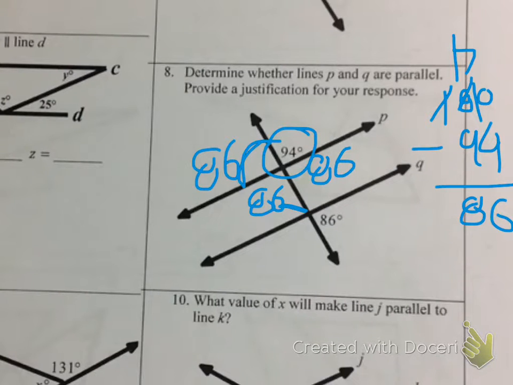Now, if this is 86 right here and this is 86 right here, that would mean that these have to be parallel. Hold on, we're going to write this in this red pen.